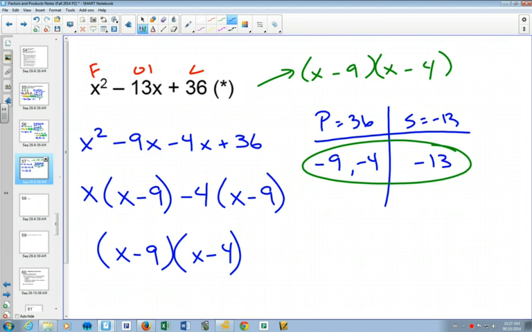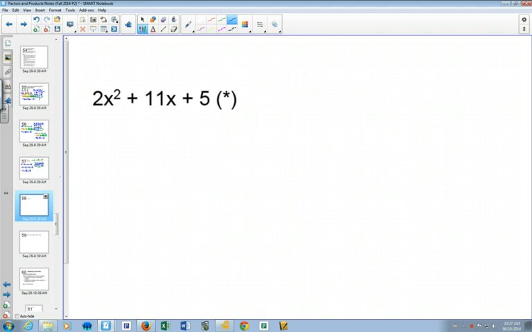So doing a big technique like this isn't very useful, whereas if you could just go to a single line, it'll be more useful. So that's why we always try to use the reverse FOIL technique first, because it takes up less room and it is faster. So for this next one, I want you to use the reverse FOIL technique first.